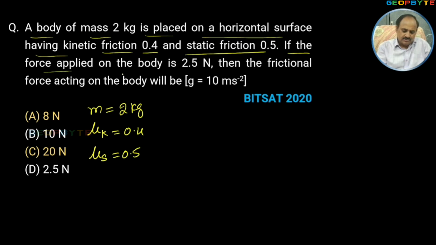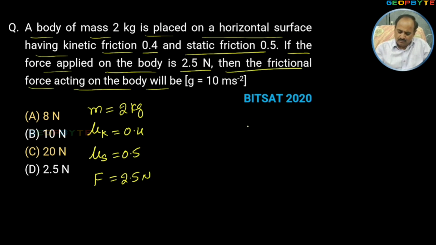If the force applied on the body is 2.5 newtons, then the frictional force acting on the body will be, as you know, frictional force or limiting friction, I can say.